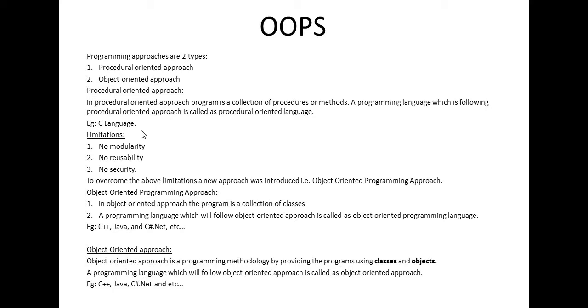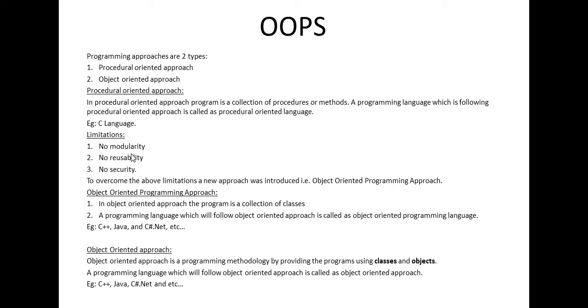I guess you all understand the basic knowledge of procedural oriented approach. It is nothing but a program or project in which we have only procedures and methods. But in this procedural oriented approach we have some limitations.